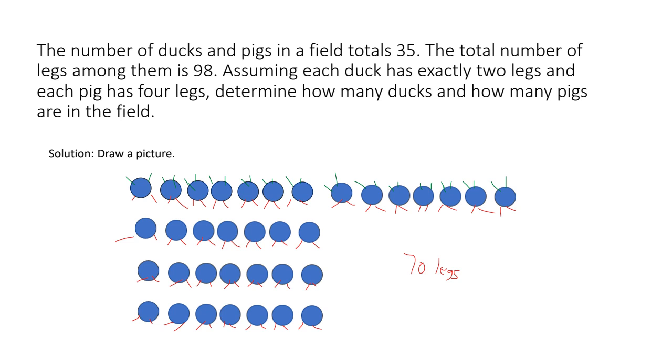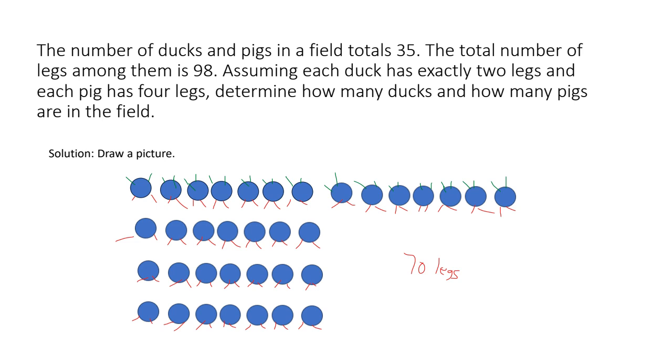So this has 1, 2, 3, 4, 5, 6, 7, 8, 9, 10, 11, 12, 13, 14. So the first row is actually 14. This would be my pigs because each one of them has 4 legs. And so if I count, this is adding 14 times 2, which is 28. And if I do the math, 70 plus 28 gives me the total 98.